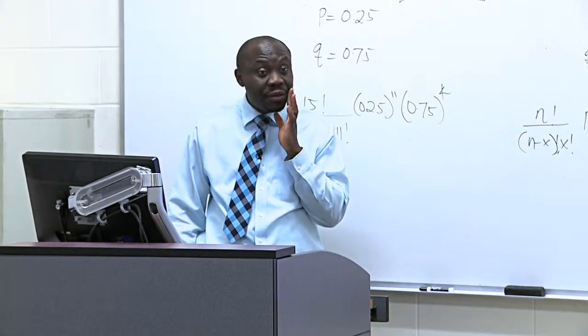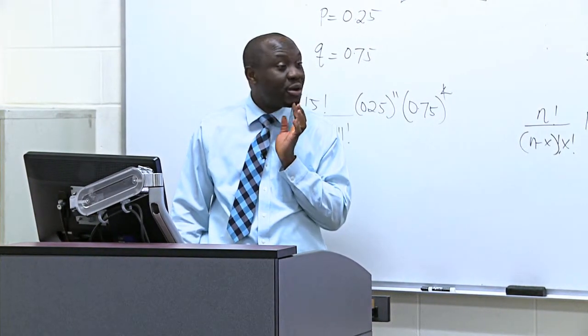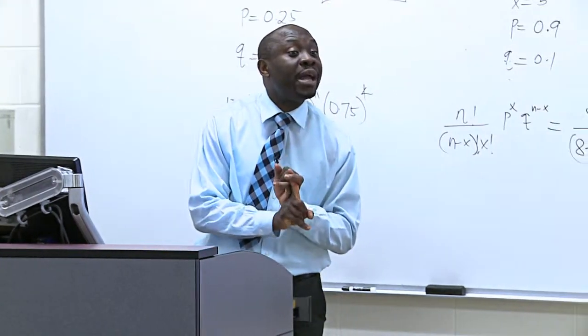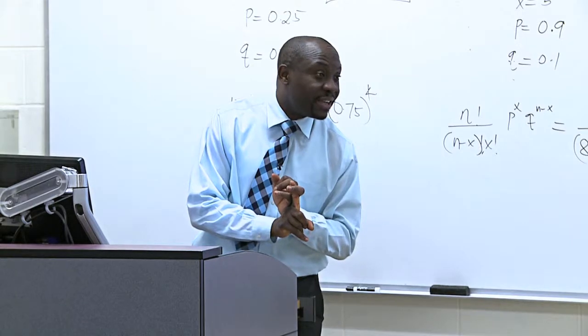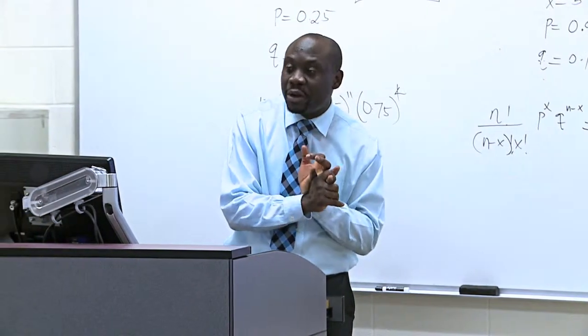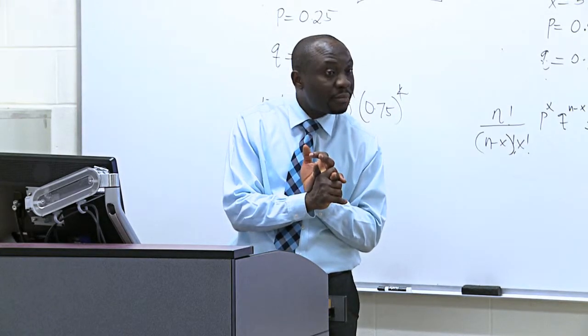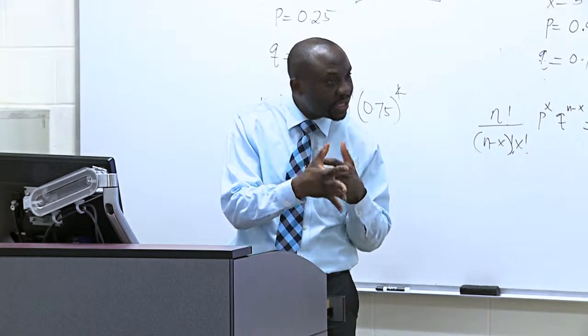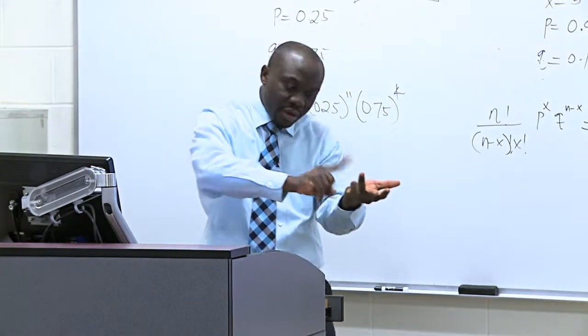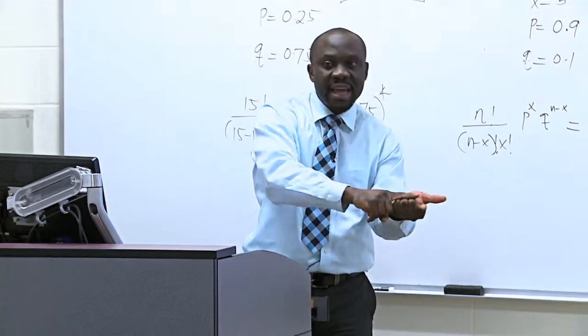Don't start to solve anything because you don't even know it's a binomial. So I'm going to ask you so many questions. Because number one, you need to convince yourself that you have a binomial event before you even use the table. Nobody's going to tell you this is a binomial distribution. You've got to figure it out. So pay attention, try to understand how, and then once you are certain that you have a binomial distribution, then you can look for N, P, and the X.